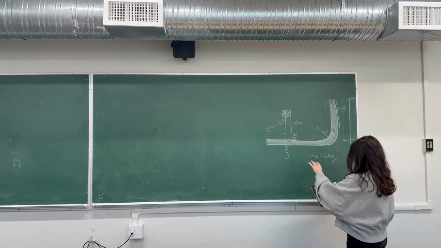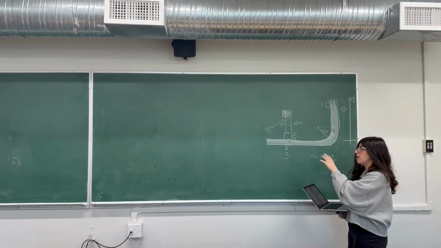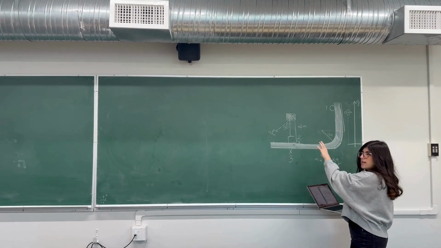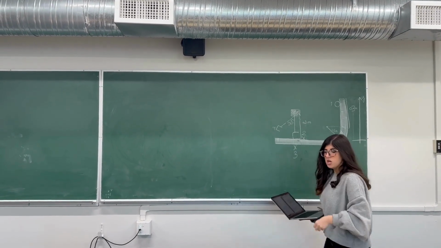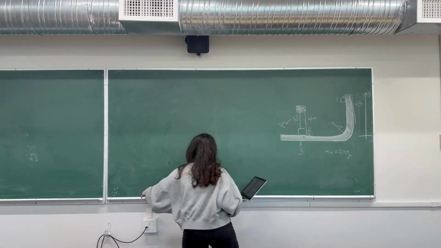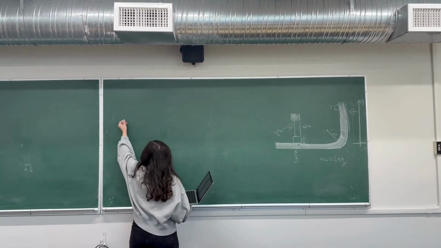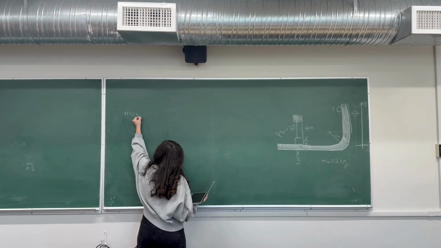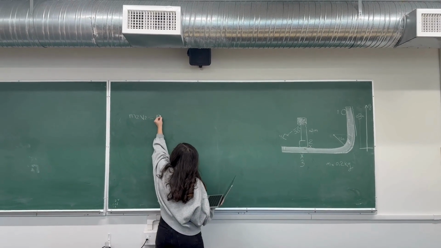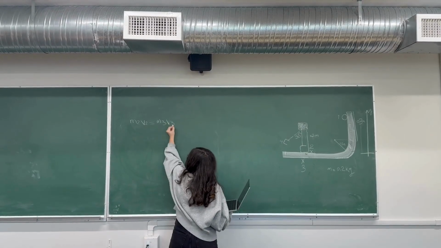So we're going to point 3. Point 3 is right after the collision, where the ball hits the canister and they stick together. In this situation, we have the law of conservation of momentum, which is m2 v2 equal to m3 v3.